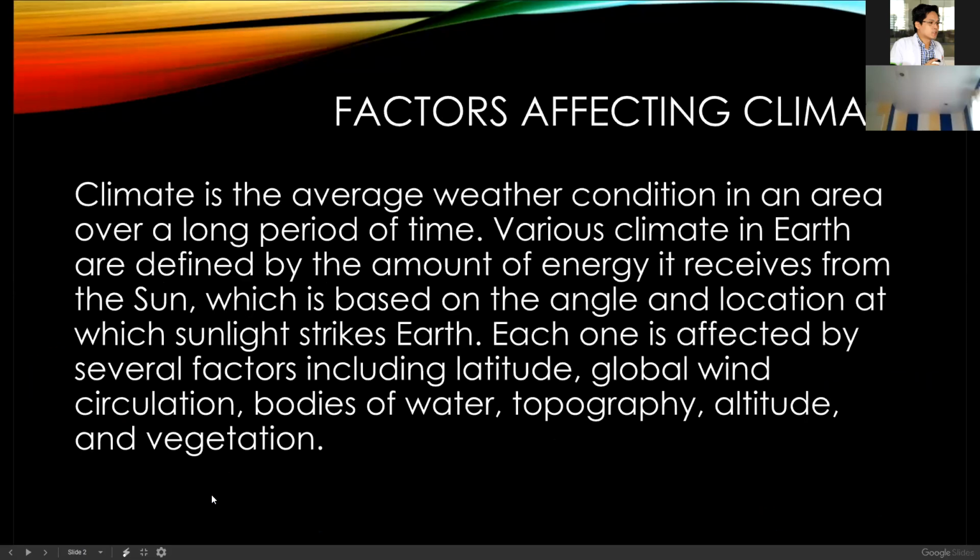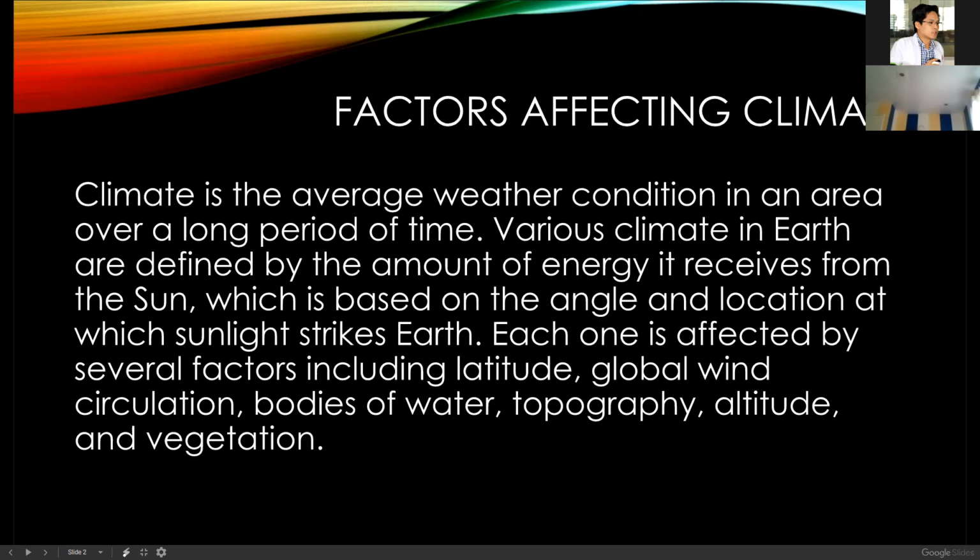Factors affecting climate. Climate is the average weather condition in an area over a long period of time. Various climates on Earth are defined by the amount of energy they receive from the sun, which is based on the angle of location. Remember that Earth is tilted, right? And the Earth's exact shape is an oblate spheroid.